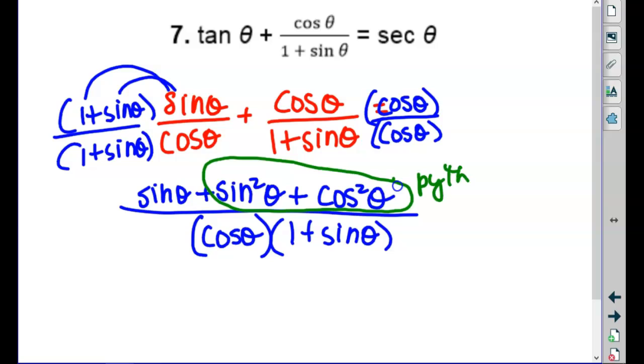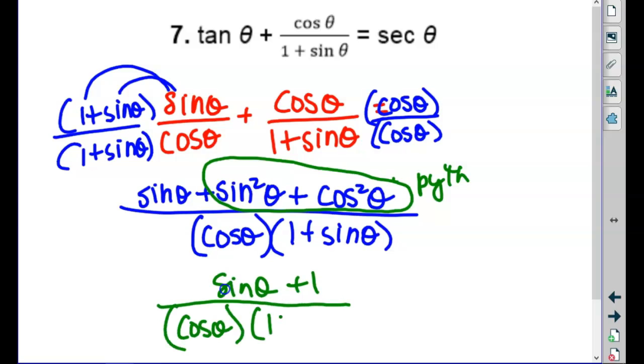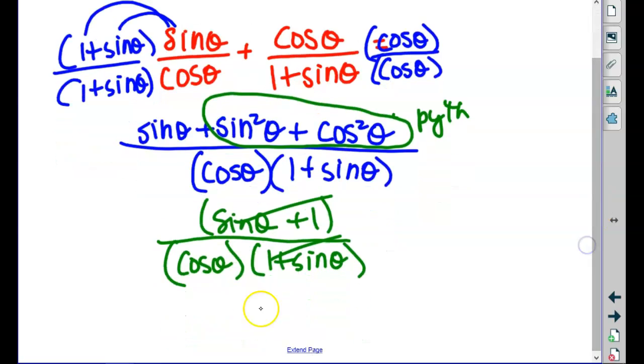So the Pythagorean identity leads us to a sine theta plus 1 all over a cosine times a 1 plus sine theta. Well, 1 plus sine theta, yes, because it doesn't matter what order we add in, right? So this entire quantity divides out this entire quantity, and we are left with 1 over cosine, which is secant. That one wasn't as bad as I thought it was going to be.